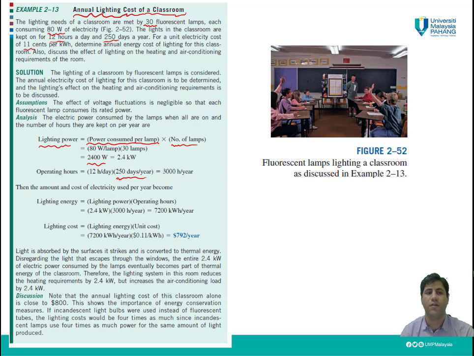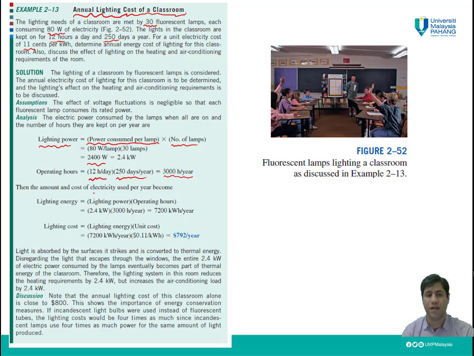So we have 250 days per year, and each day we will use these 30 lamps for 12 hours per day. So 12 hours per day times 250 days per year will give us this information, which is the hours per year which these lamps should be on.